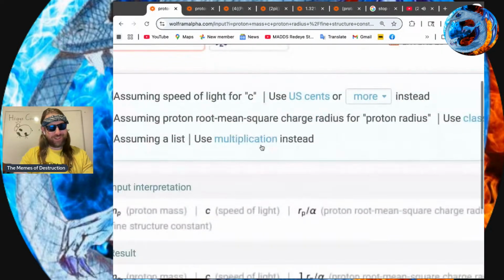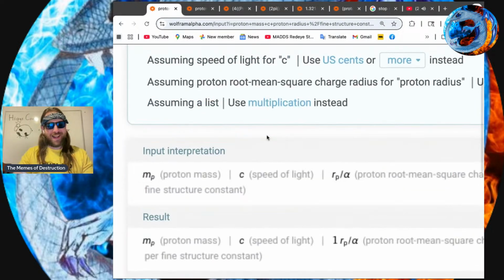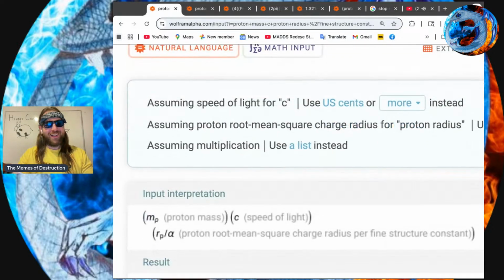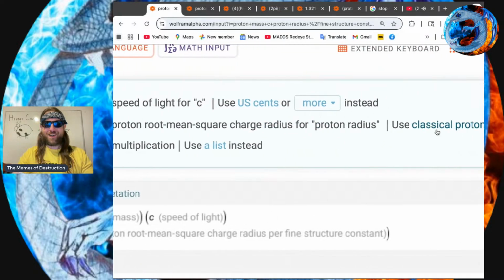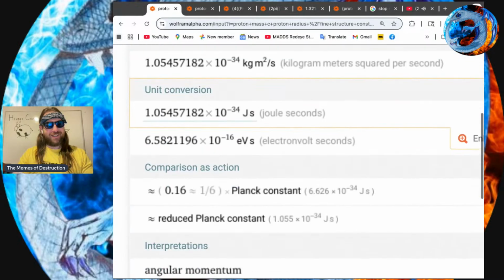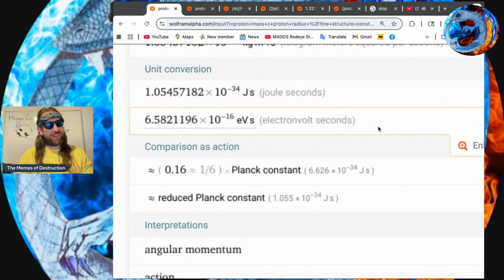Oopsie. God. I'm so bad. I never would be able to do this stuff by myself. Okay. Root mean charge, classical, blah, blah, blah. And then to my shock, or perhaps not so much, it seems to be Planck's reduced constant.